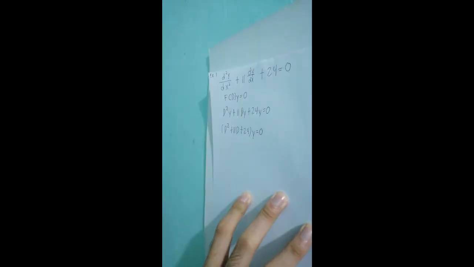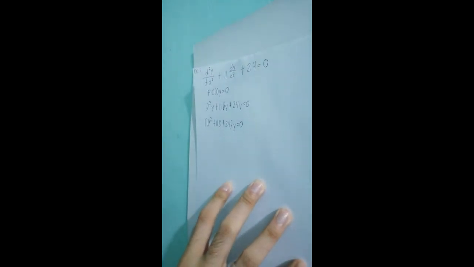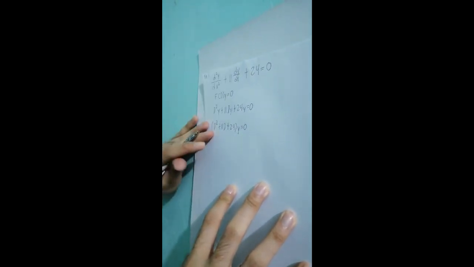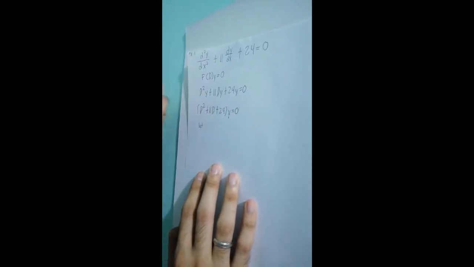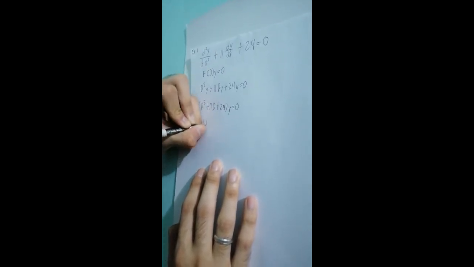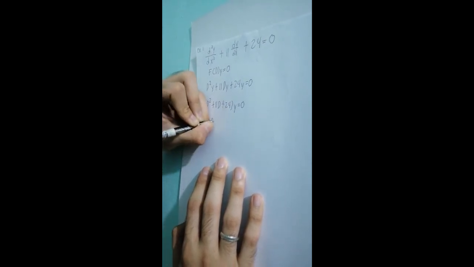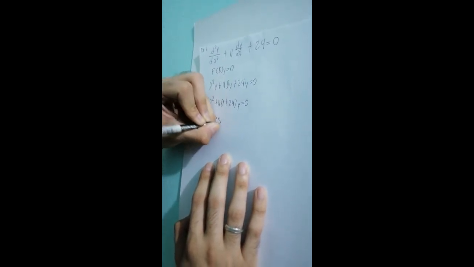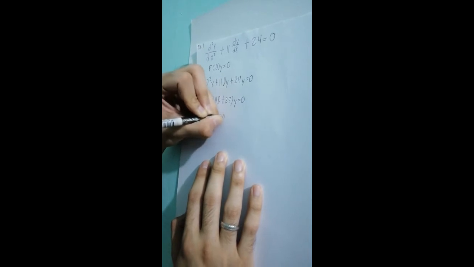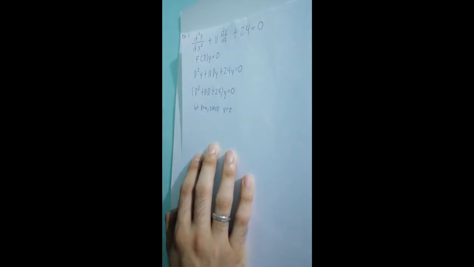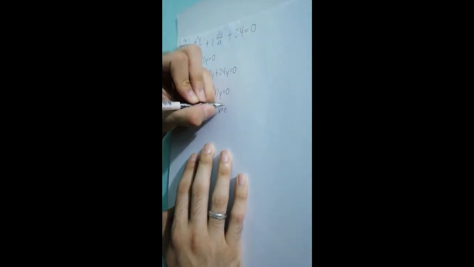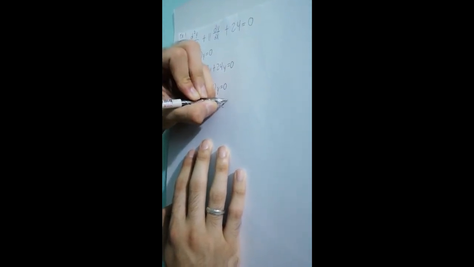Now next, we have to turn this into the auxiliary equation. So that's where we let D be equal to m, since y is equal to e raised to mx.